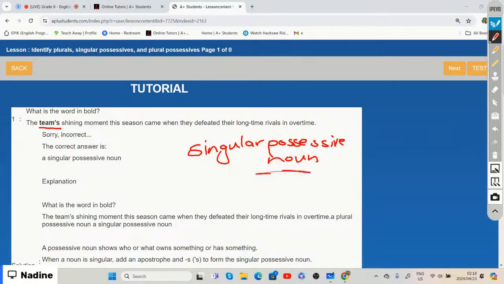Because it's referring to, let's say, for example, the team. It says the team's shining moment this season came when they defeated their longtime rivals in overtime, right? Team's. So that is a singular possessive noun.